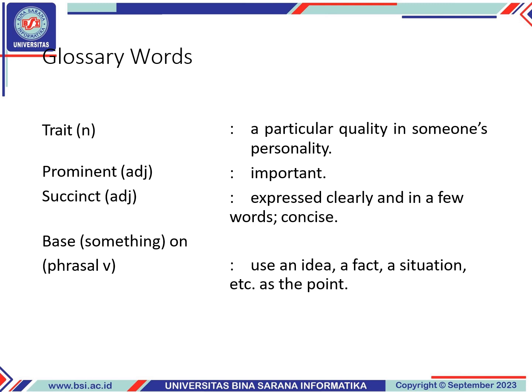Something, adjective, it means expressed clearly and in few words, concise. What about base, a present verb: to use something, such as an idea, a fact, a situation, etc., as the point.